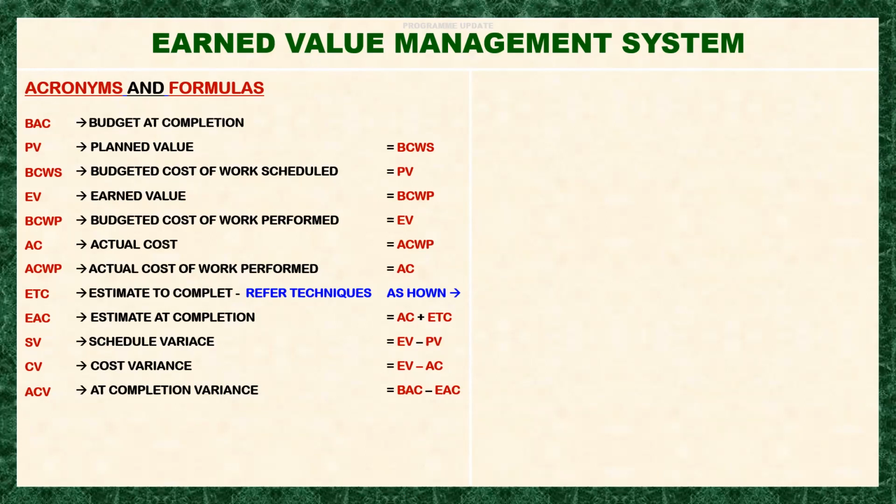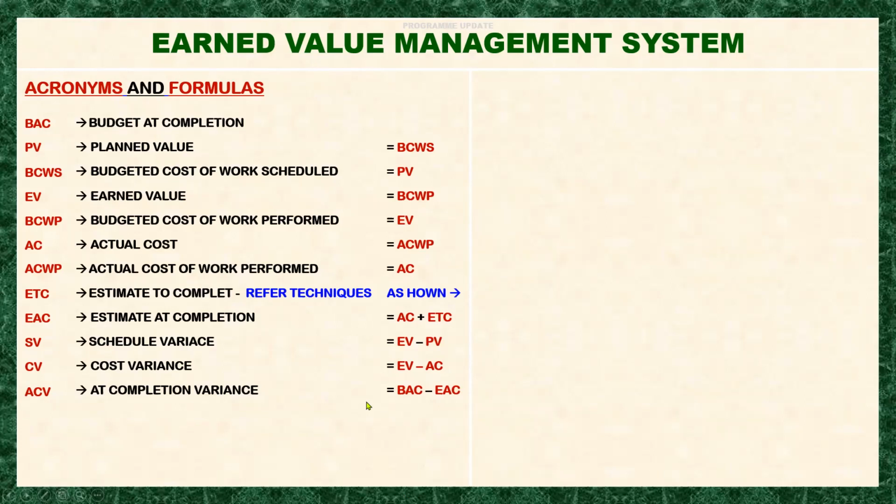So your performance will determine your at completion variance. If you are performing well, of course, your at completion variance will be greater than zero. But if you're not performing well, you are spending much more than your performance, and your completion date is extending.